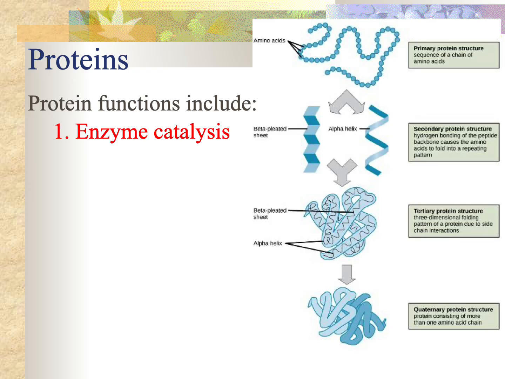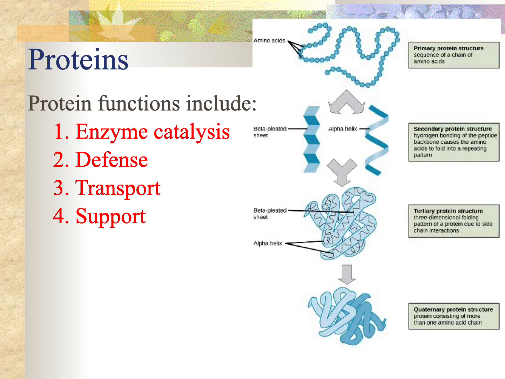They were involved in the production of enzymes, but they were also defense molecules, transport molecules like hemoglobin. They were involved in structural support molecules like collagen and keratin. They were involved in producing motion. They were involved in the regulation of things like insulin and growth hormone. They were involved in nerve signaling.